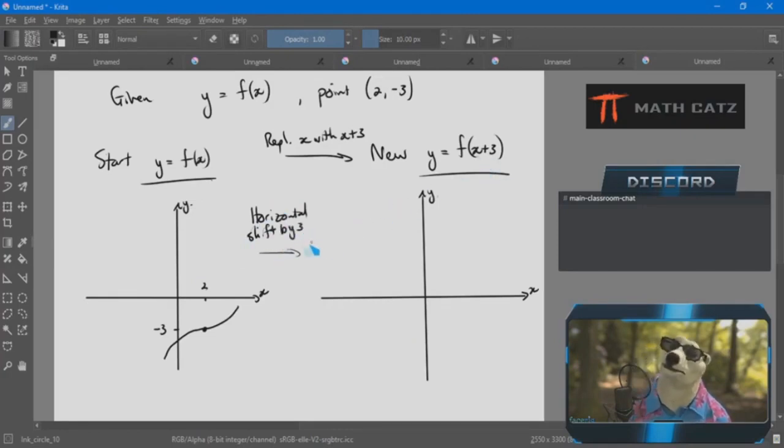And because it's x plus 3, I'm going to go left this time. So instead of the point being 2, -3, 3 units to the left, we'll have it sit at -1, -3. And this same shape, whatever that was, wobbly, let's try and repeat it, now sits over here.